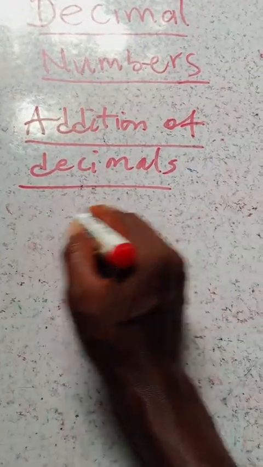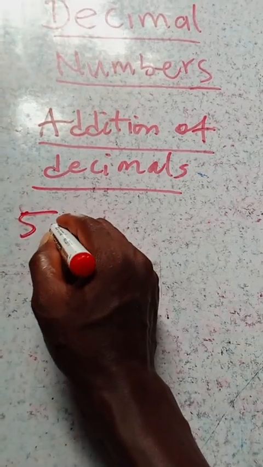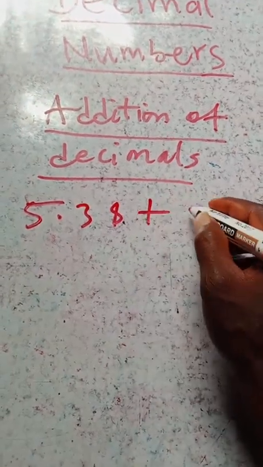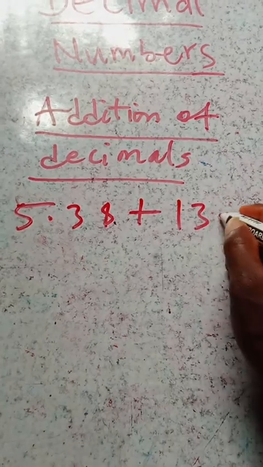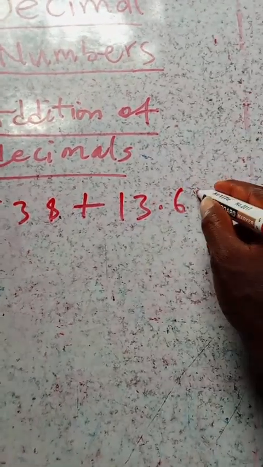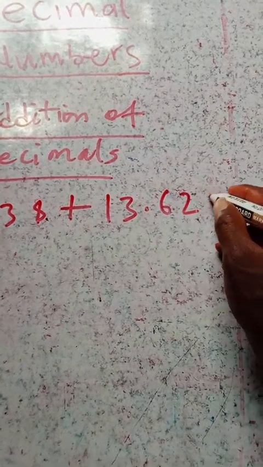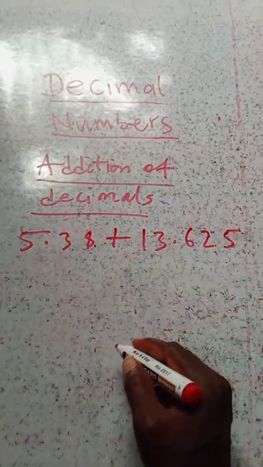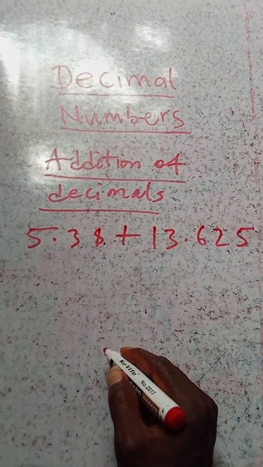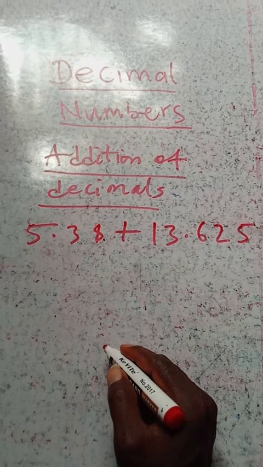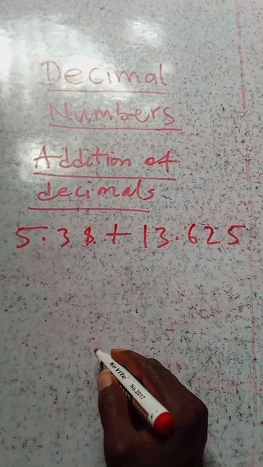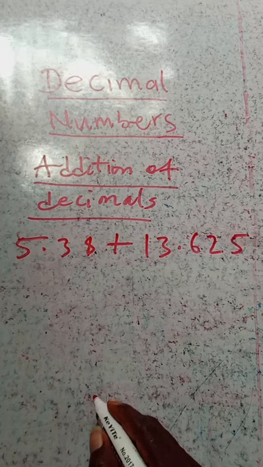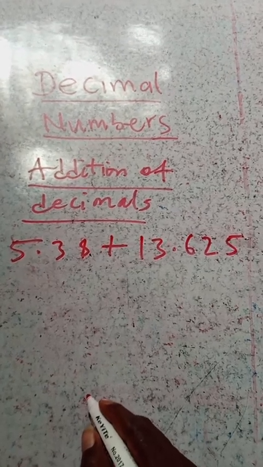So what about when the question is like this? If you have 5.38 plus 13.625, for instance. If you have this as a question, 5.38 plus 13.625, I told us that whenever you're adding decimals, you ensure that the decimal points are corresponding.